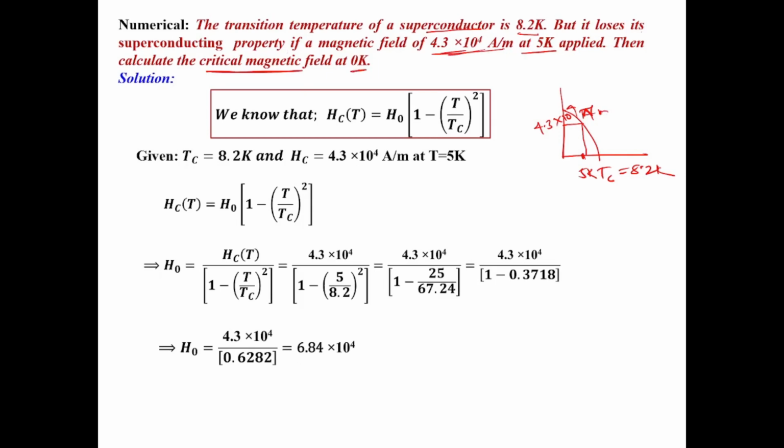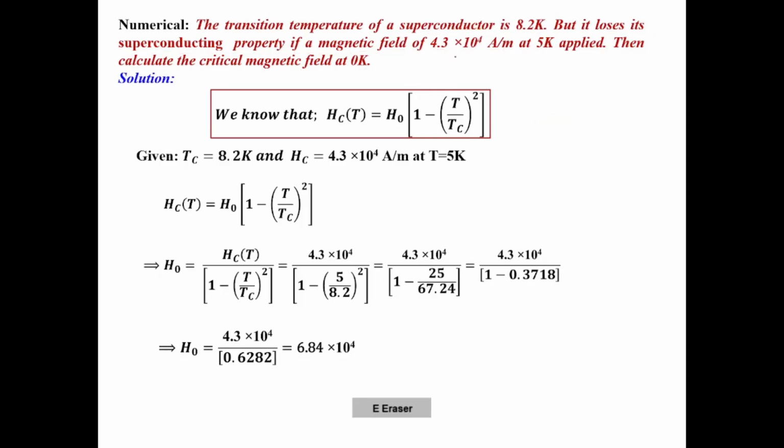Interestingly, the language is: it loses its superconducting property if the magnetic field strength is this much. That means indirectly Hc equals this much at 5 Kelvin. We have to find out the critical magnetic field at 0 Kelvin.